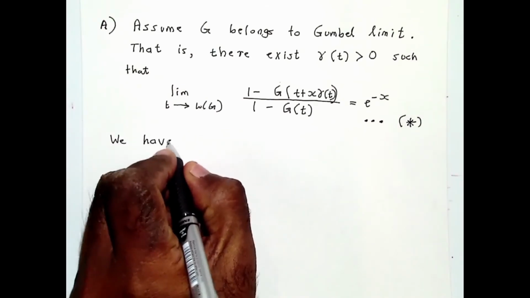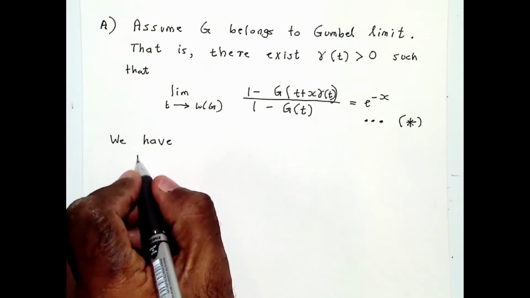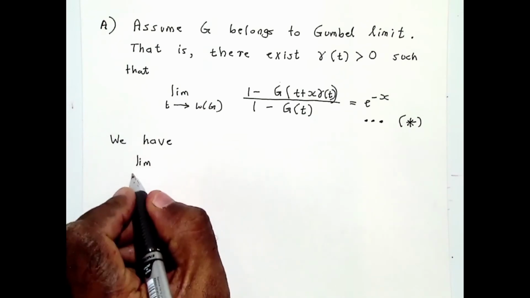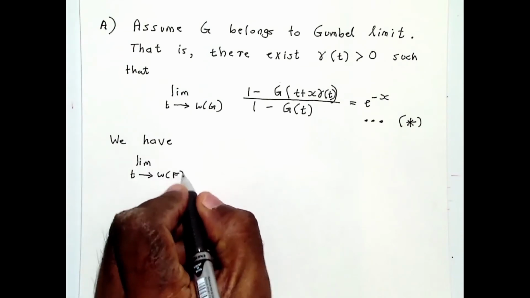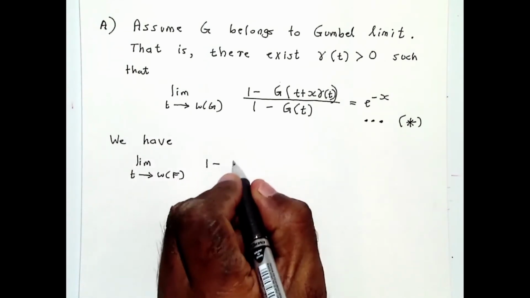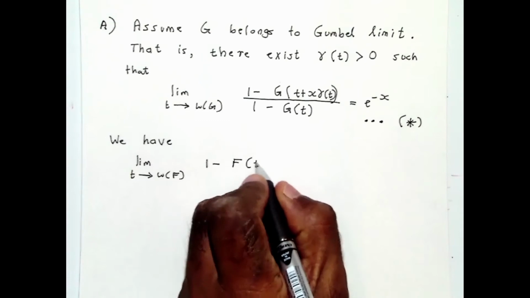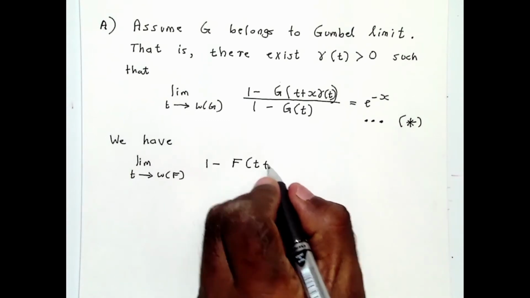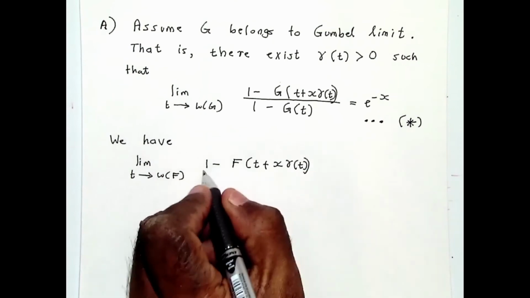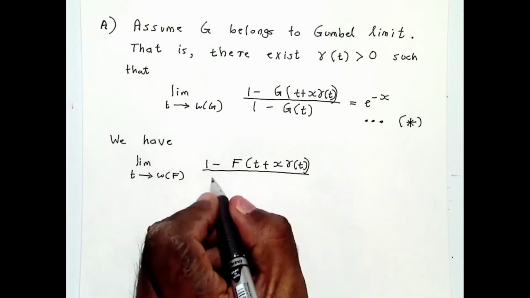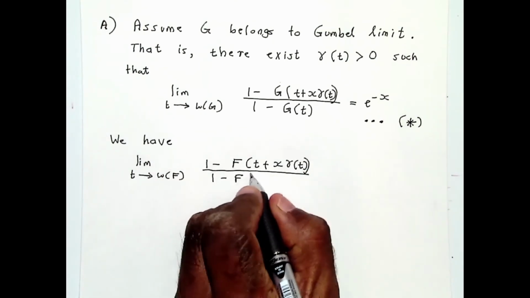So that's what I'm going to do. So I'm going to start with the statement that the limit as t approaches w of F of. Okay.